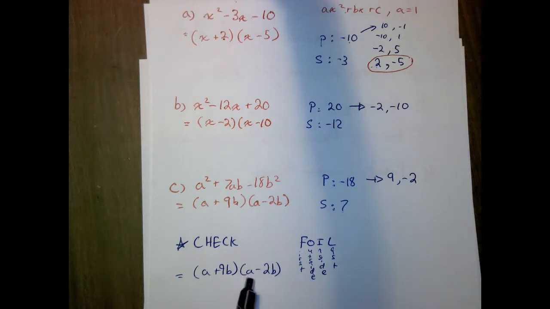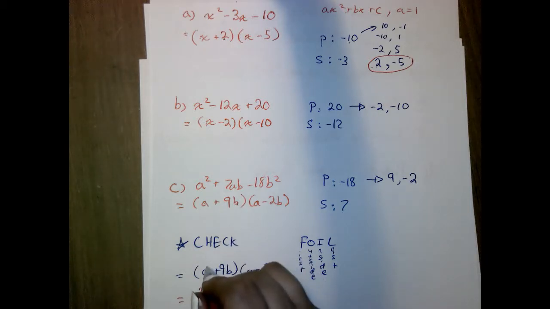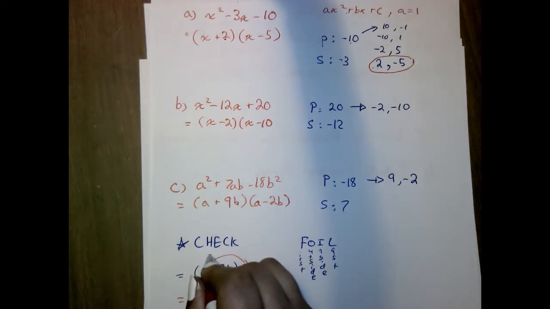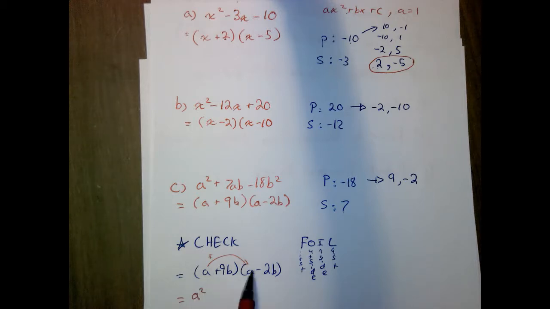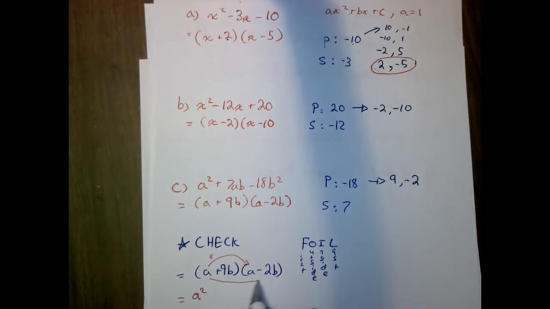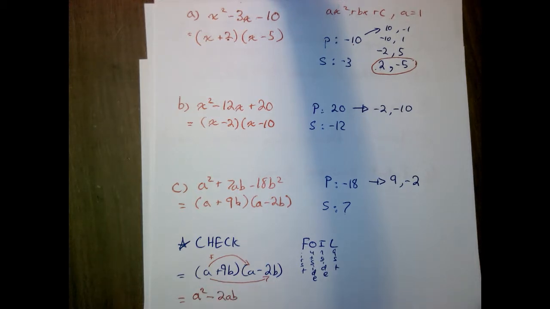first terms over here. So I have a times a, which is a squared. This is my first, the first term in this one times the first term in this one. Then I'm going to expand my outside terms. So I have a times negative 2b, so I get minus 2ab.